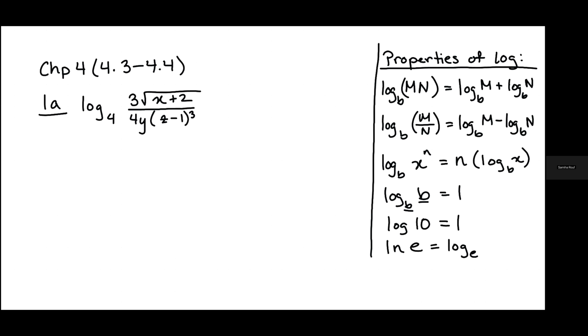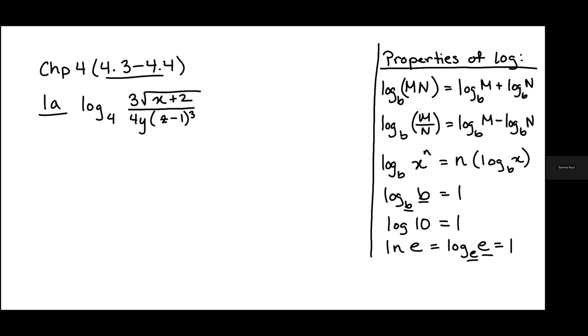So log of base e and e gives me 1. All right. So those are the main properties that we're going to need to solve the problems in this question 1. All right, now going back to the problem.